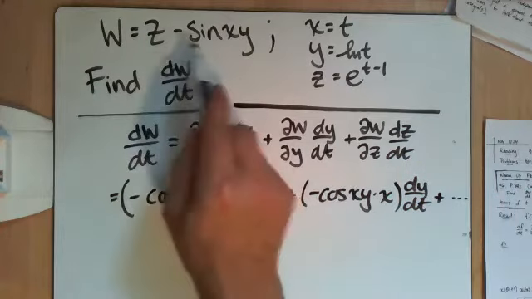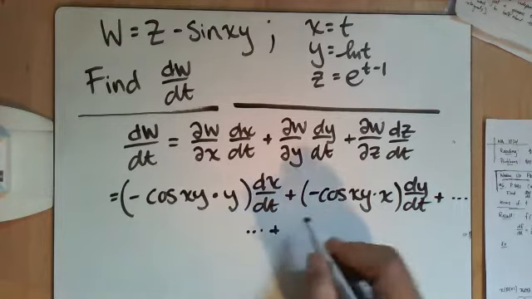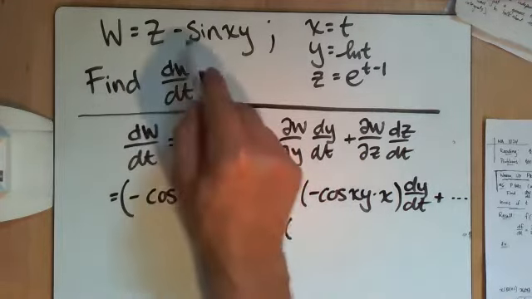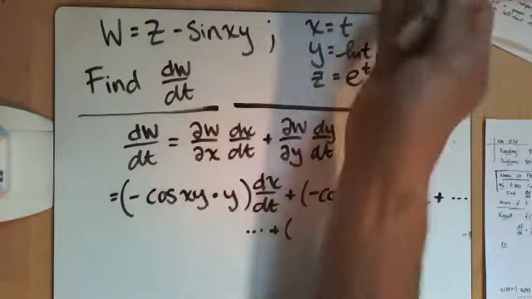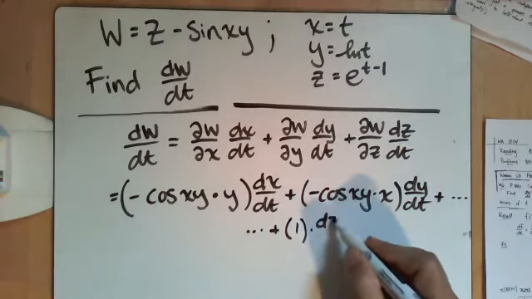Then I take the derivative with respect to z, which is just 1. Z doesn't appear in the sine term, so I treat those as constant and that goes away. I just get 1 times dz dt.